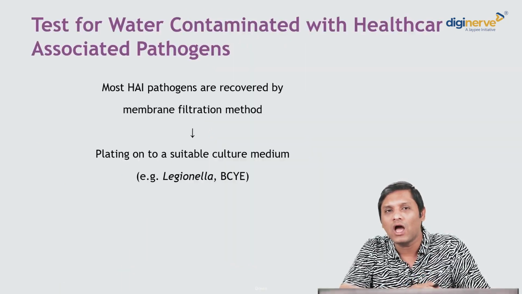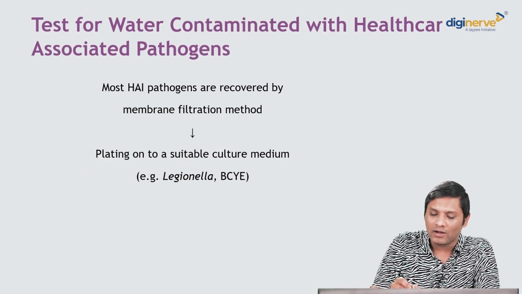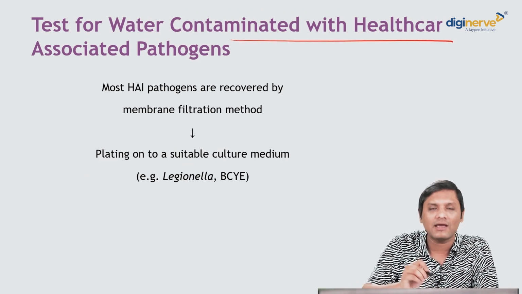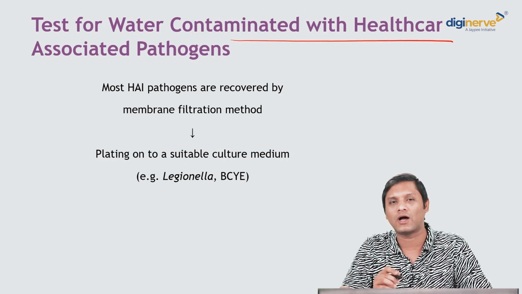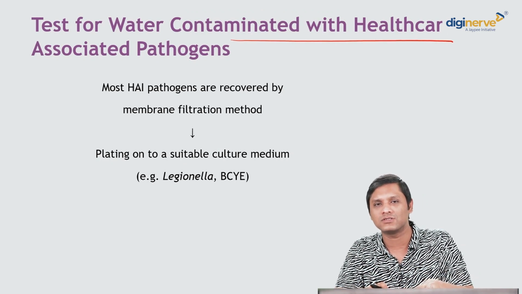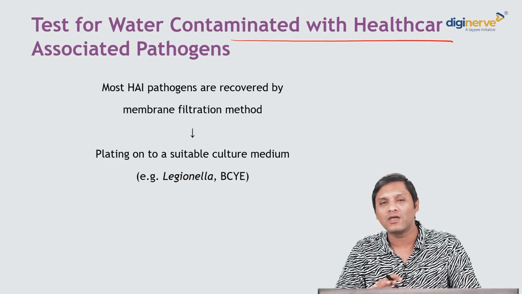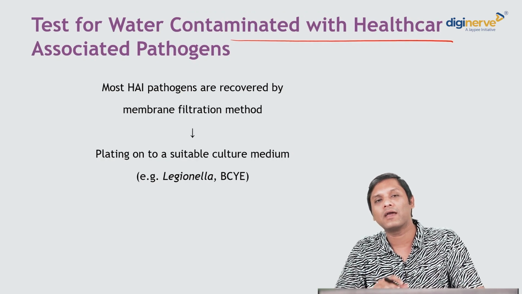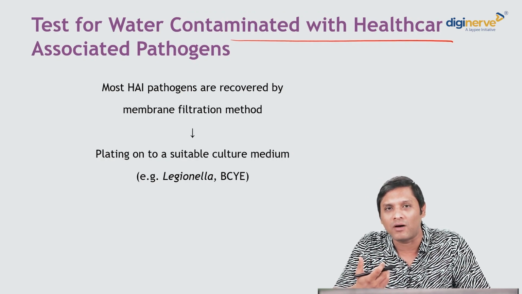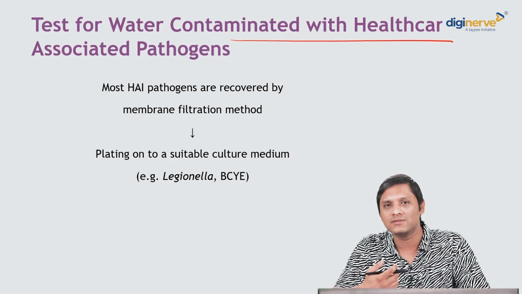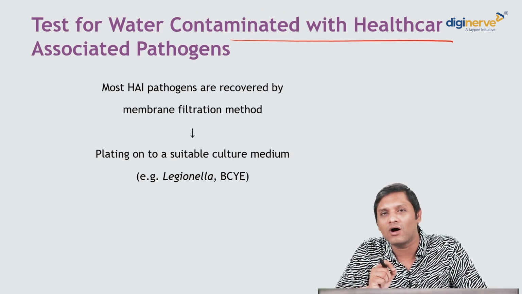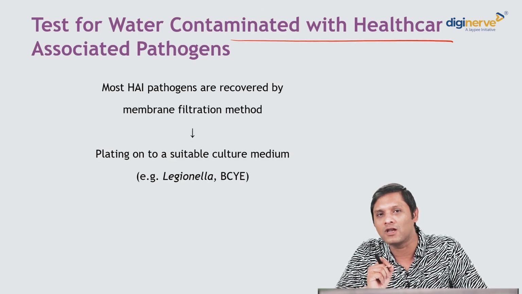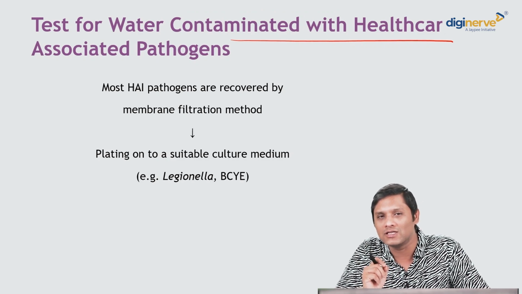So now we will see how to test for water contaminated with healthcare associated pathogens. So I told you that there are two categories of pathogens in hospital. Drinking water may have enteric pathogens, and other than that, the hospital water supply may have various hospital multi-drug resistant organisms, or maybe the unique organisms which are found in the hospital water bodies such as Legionella.